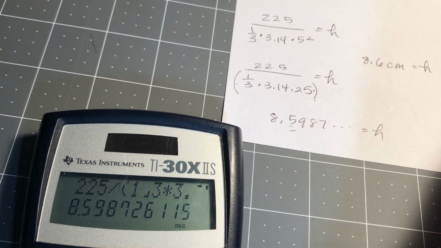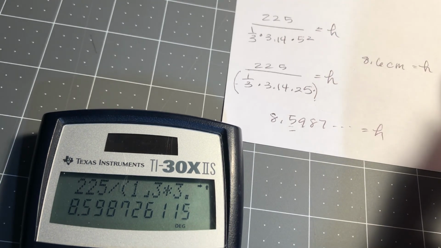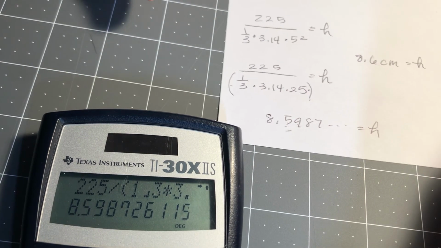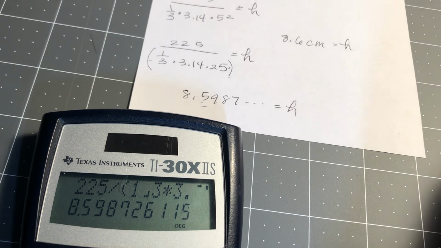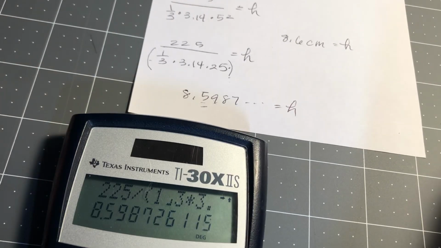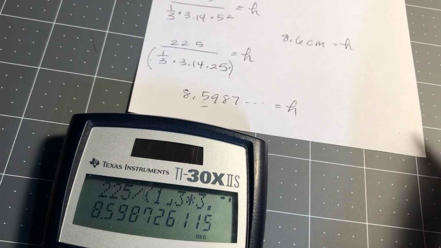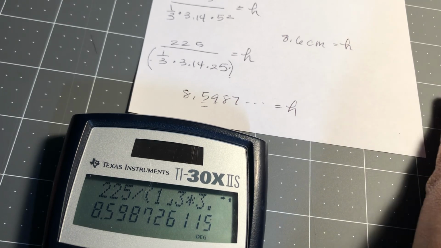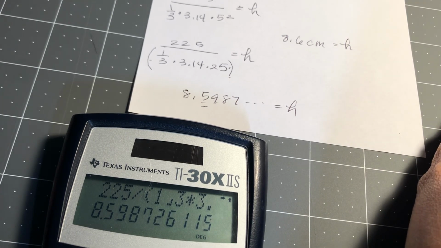We're looking for one dimension, just the height. I think you can see all that. All right, and that should cover all the problems that you had questions about. And I'll send this right over.